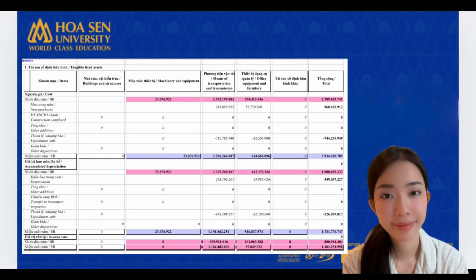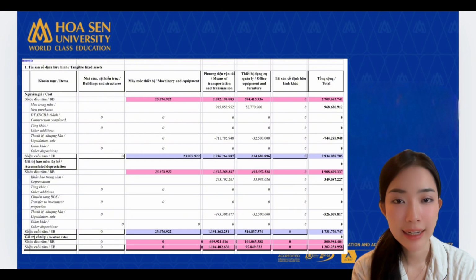Let's begin. In section T722, the original cost is taken from the fixed assets and depreciation table, specifically from the original cost item in the FA report. Fixed assets purchased during the year are listed based on the figure in the addition section of the fixed assets report, while assets that have been disposed of are listed based on the figure in the depletion section and are recorded as a negative amount.